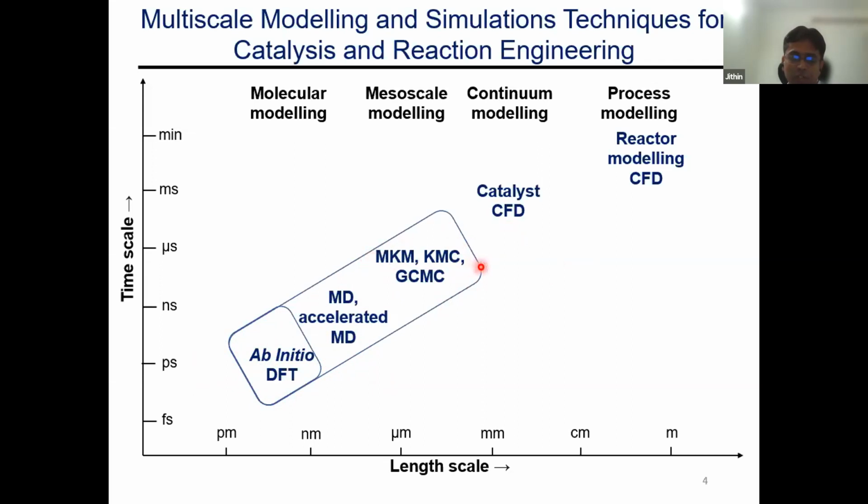And a couple of those that we are trying to work on along with some colleagues in the department is a microkinetic modeling approach, which is a framework to utilize atomistic scale information in a kinetic modeling framework, which can couple the information that you have with the microstructure of the catalyst to understand more of a macroscopic phenomena. So microkinetic modeling and kinetic Monte Carlo simulations are something that we are trying to work on, exploiting information from the atomistic scale.